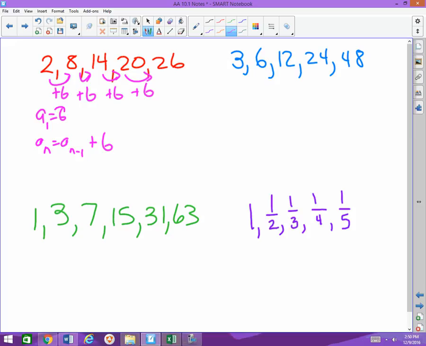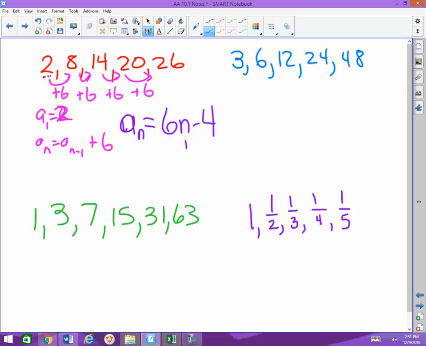Well, we're going to take that and turn that into an explicit formula, and so in this case it would be a sub n equals 6n minus 4. Because if you put a 1 in there, 6 times 1 is 6, minus 4 is 2, which is the first term.